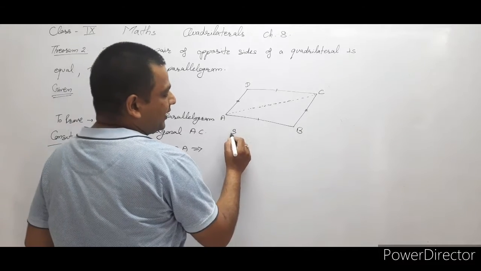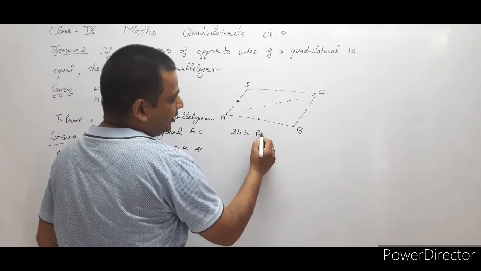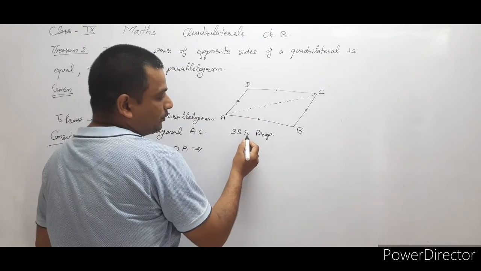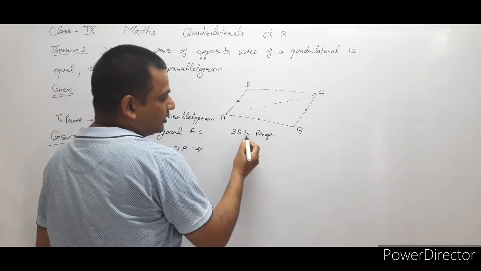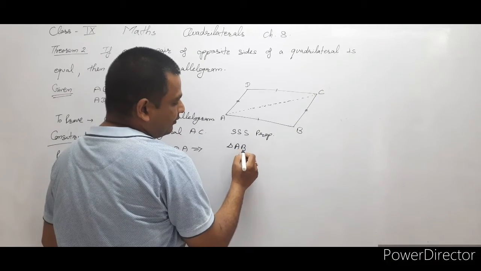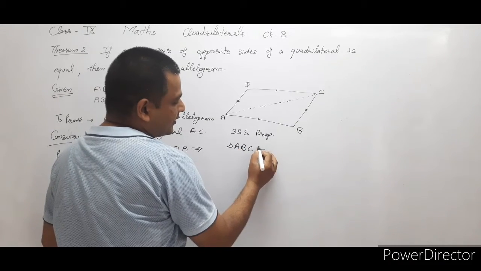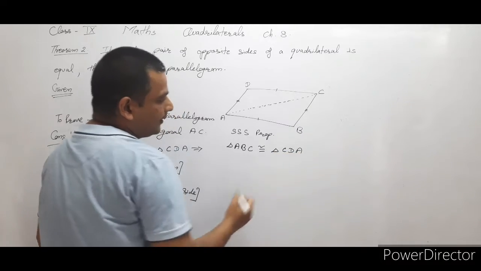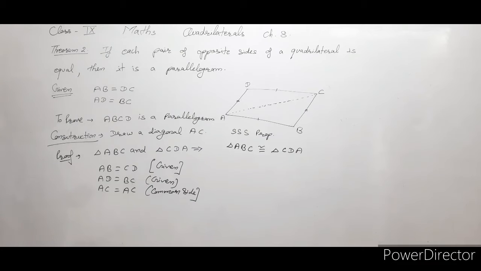That means by the SSS property, the side law of two triangles, triangle ABC is congruent to triangle CDA. These two triangles are congruent. AB equals CD, BC equals DA, and AC equals CA, the common side.